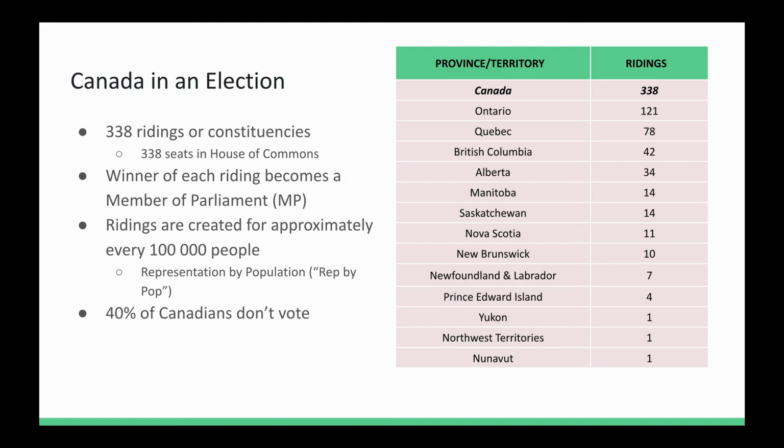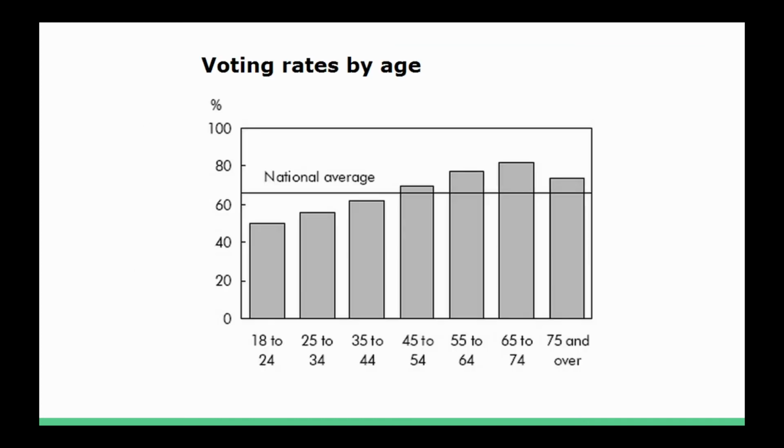40% of Canadians, did you know? 40% of Canadians don't vote in elections, which means our governments at the federal level, provincial level, and at the municipal level is only determined by 60%, give or take. It depends on the year, but only 60% of eligible Canadians actually go out and vote. And you can see on this chart the voting rates by age.